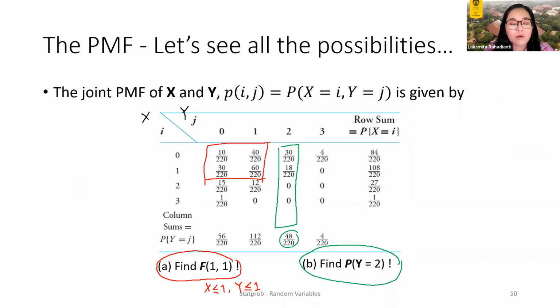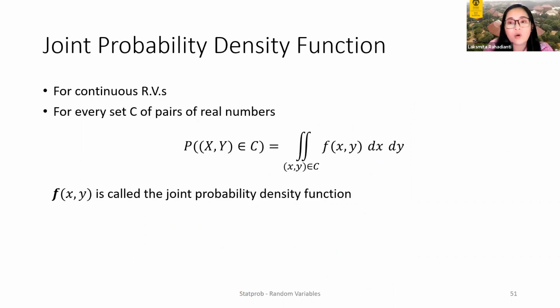So up until now, we're only talking about the PMF/CDF. So we're talking about discrete random variables, but we already know that this is not our only friend. We also have a joint probability density function, which is slightly more complex because you need to use integration.